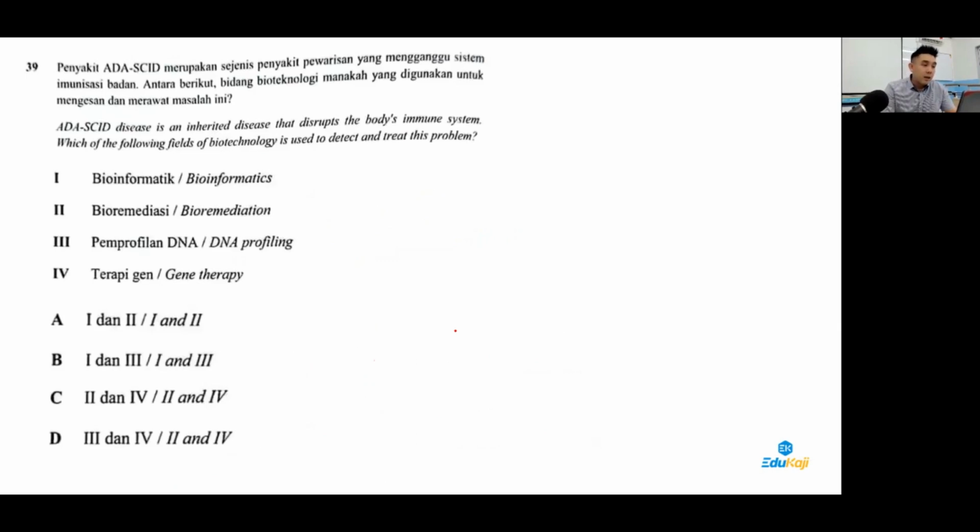Okay, 39. 39, which of the following fields of biotech is used to detect and treat this problem? So because it's a genetic disease, guys, genetic disease, not much option one, is always these two. Yeah. These two does not help. So 39 donkey, gene therapy and DNA profiling.